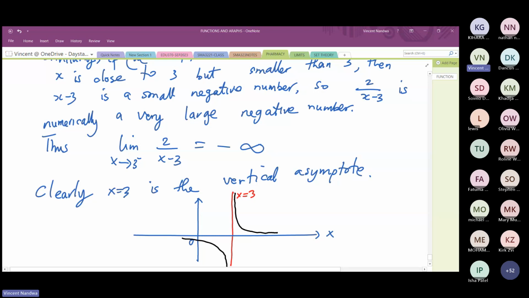So that's how the graph of f of x equals 2 over x minus 3 will look like if you had to draw it. So in this example, also the line y equals 0, the x-axis, is the horizontal asymptote.